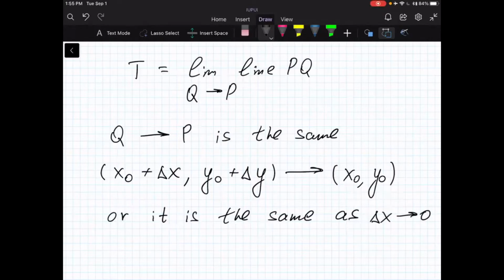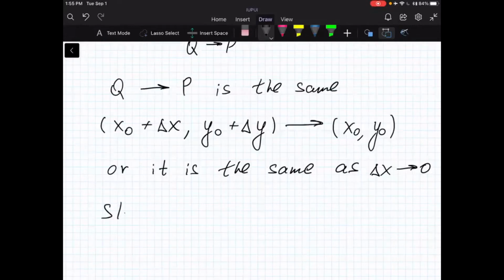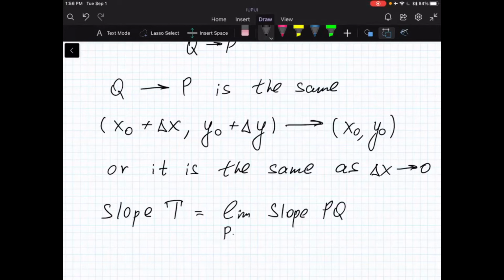Because when delta X goes to 0, then indeed X goes to X naught, and delta Y also goes to Y naught. And so we can say that the slope of the tangent line is the same as the limit of the slope of PQ, when Q approaches P.